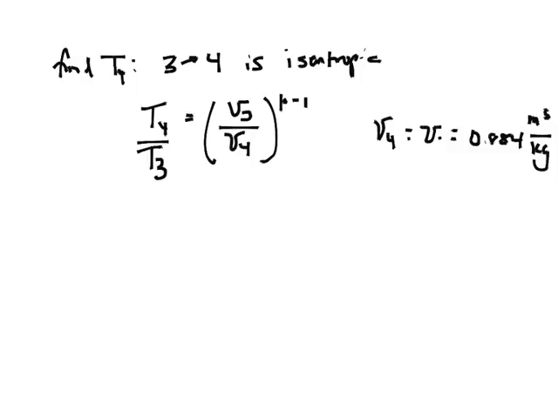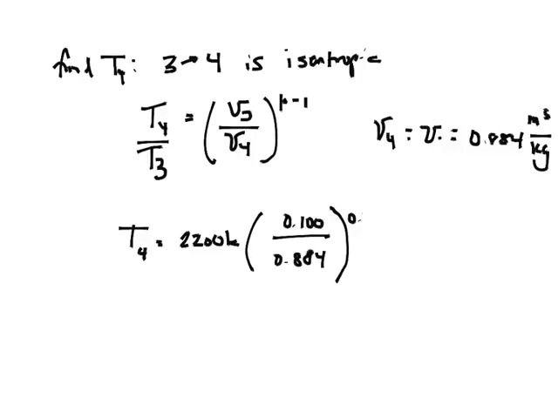Okay. So we know our V4, we already know our V3 because we found that before, and we know our T3. So we know everything we need to know. We're going to say T4 equals 2200 Kelvin times 0.100 over 0.884 raised to the 0.4, which equals 920 Kelvin.